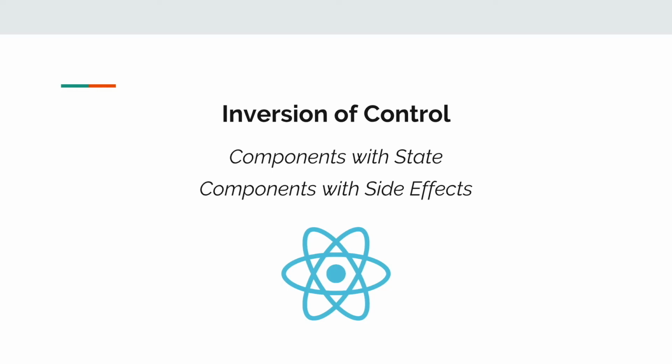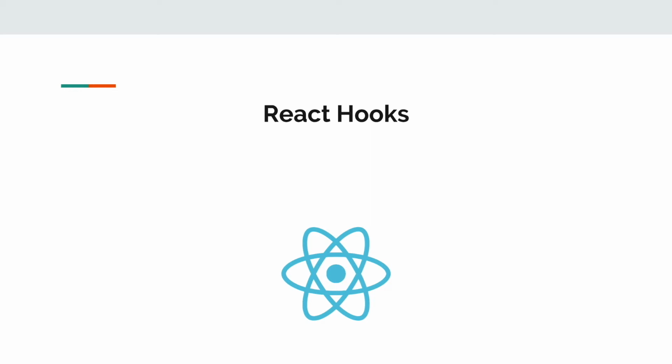And the API to augment your functional components has become React hooks. Under the hood, React will attach state to your component when you call useState. It will also attach side effects to your function component when you call useEffect. Ultimately, understanding this model of inversion of control is key to understanding how React hooks work under the hood.